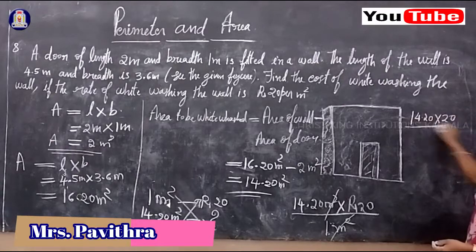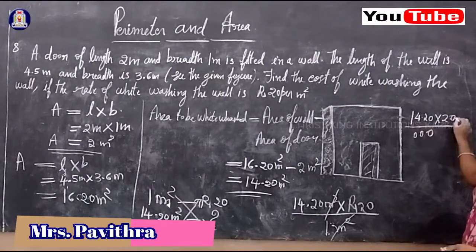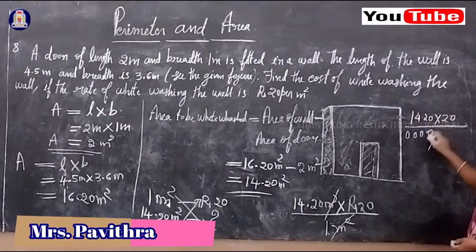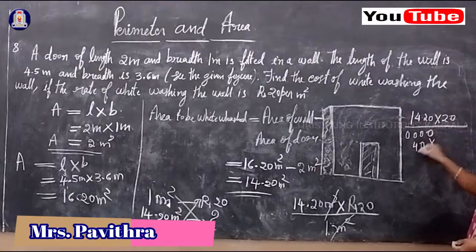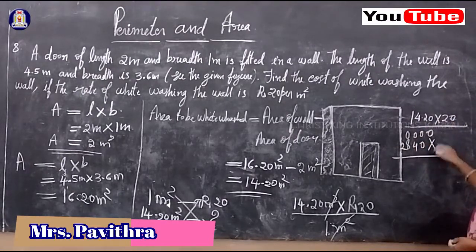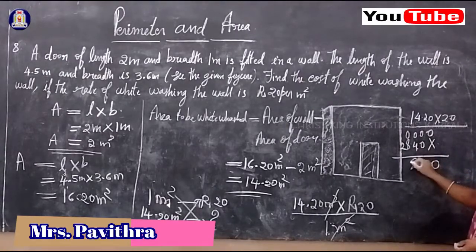14.20 into 20. 0, 0. 0 into 4, 0. 0 into 1, 0. Now 2 0 0. 2 2s are 4. 2 4s are 8. 2 1s are 2. So the answer is 0 0 4 8 2.